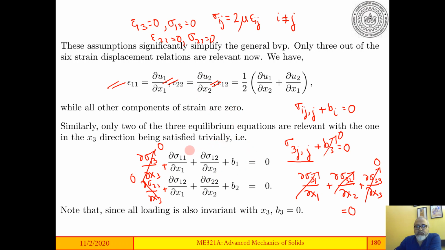So not only do we have just two pertinent equations of equilibrium, we also have only two stress derivative terms in each of them instead of three. So these are the two equations of equilibrium. So we have three equations for strain displacement, two equations for equilibrium, and the constitutive equations also will be further reduced, and that's what we are going to see now.